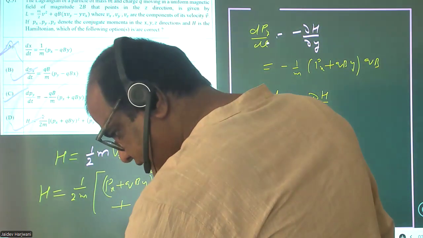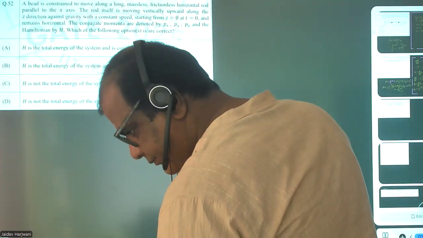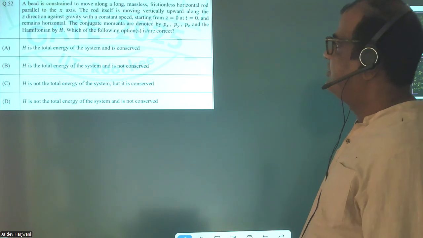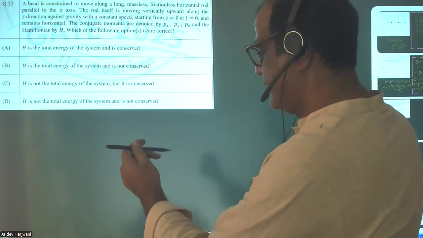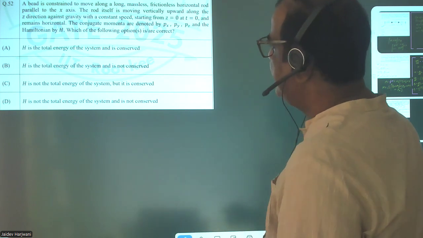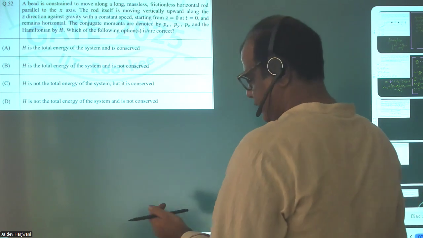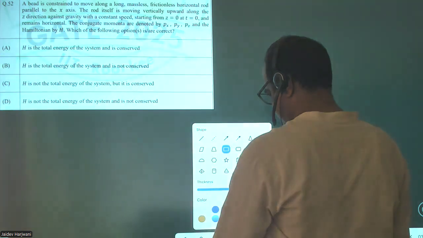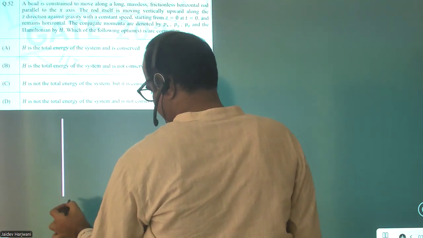Now let us go for the third question. The third question is also from Lagrangian, sorry, Hamiltonian. What this says is that a bead is constrained to move along a massless rod in the z direction. So let us understand the system.